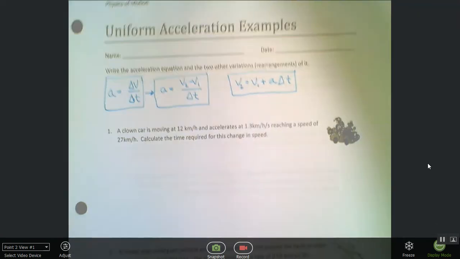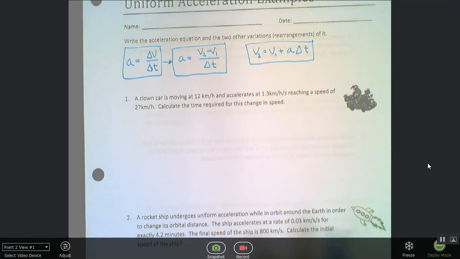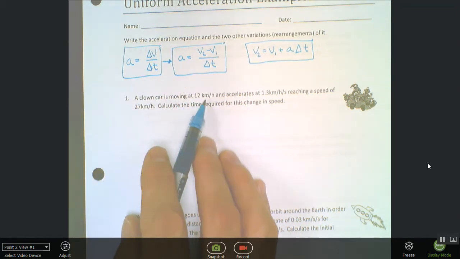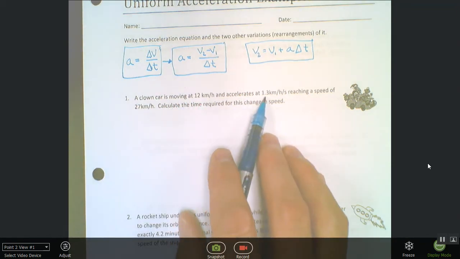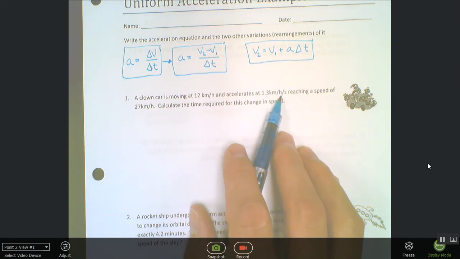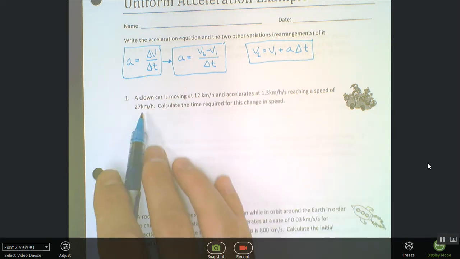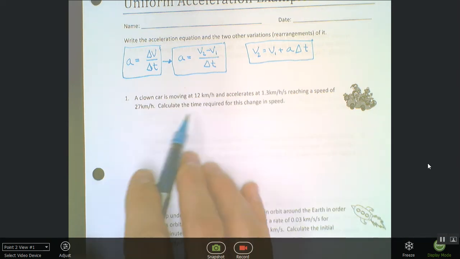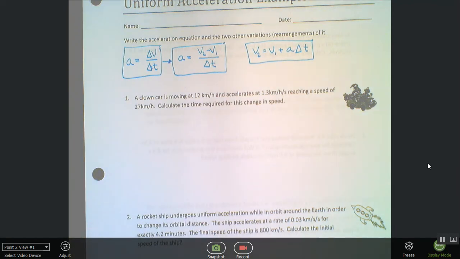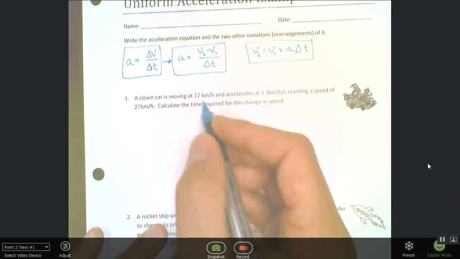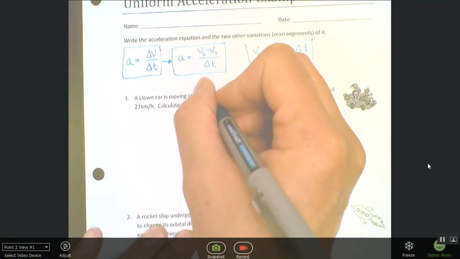For instance, here's one where it says there's a clown car moving at 12 kilometers per hour and accelerates at 1.3 kilometers per hour every second, reaching a speed of 27 kilometers an hour. Calculate the time required for this change in speed. So we know our V1.